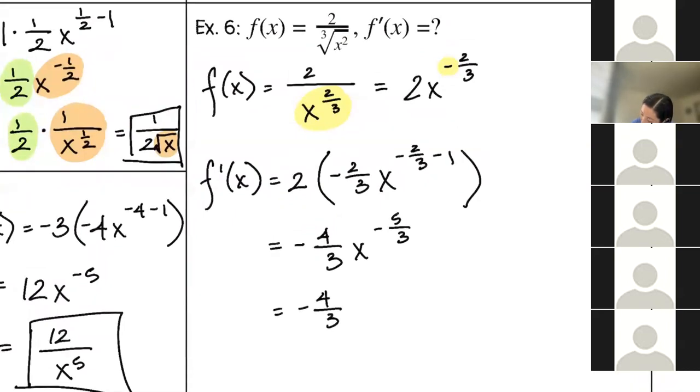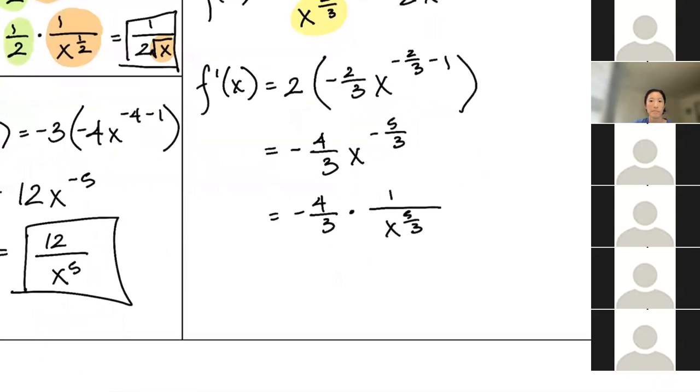I'm going to rewrite this as -4/3 times. Let's undo the negative part first. So 1 over x to the 5/3. Okay. And the last step, x to the 5/3, if I rewrite that as a radical, I will end up with the cube root of x to the 5th.